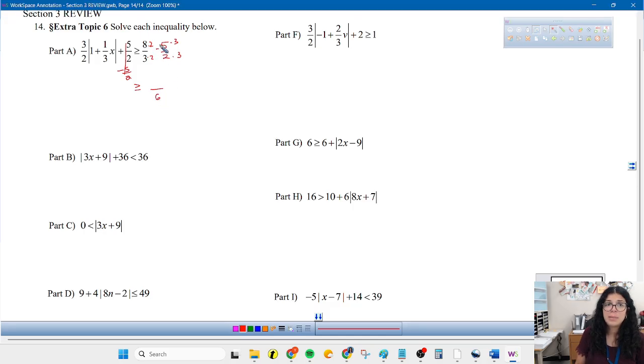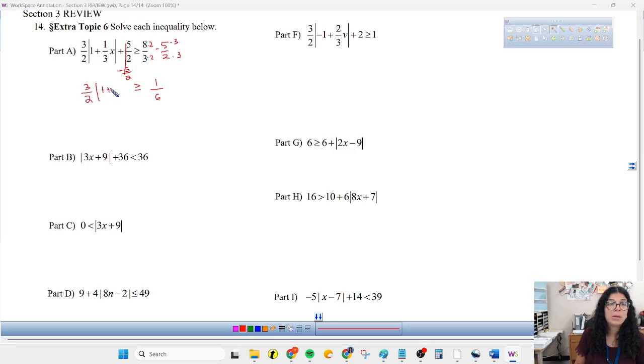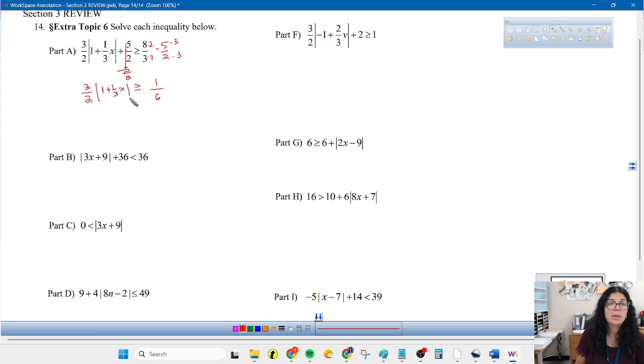So that'll be 16 minus 15, which is 1. And then on the left, we have 3 over 2 times the absolute value of 1 plus 1/3 x. And I can get rid of 3 over 2 by multiplying by 2/3.